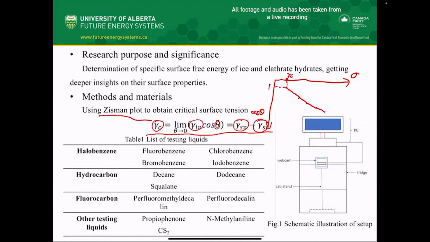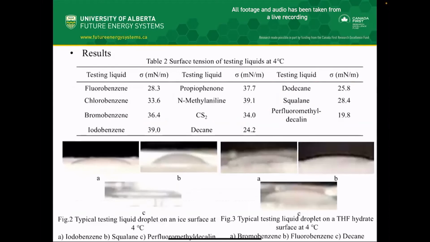Yeah, that's our methodology. So we choose halobenzene, hydrocarbon, fluorocarbon, and other testing liquids to characterize the ice and THF hydrate specific surface free energy. In this table, we measured the surface tension of these testing liquids at 4 Celsius degrees by the Wilhelmy plate method.